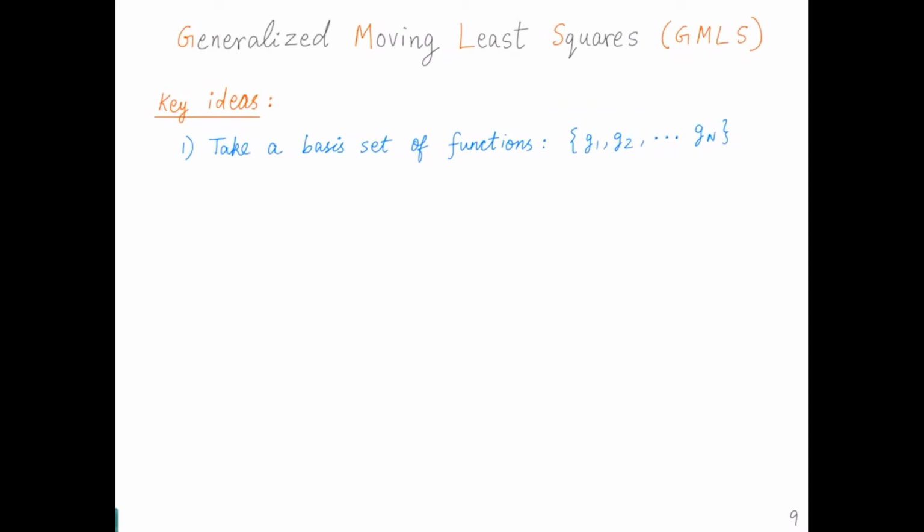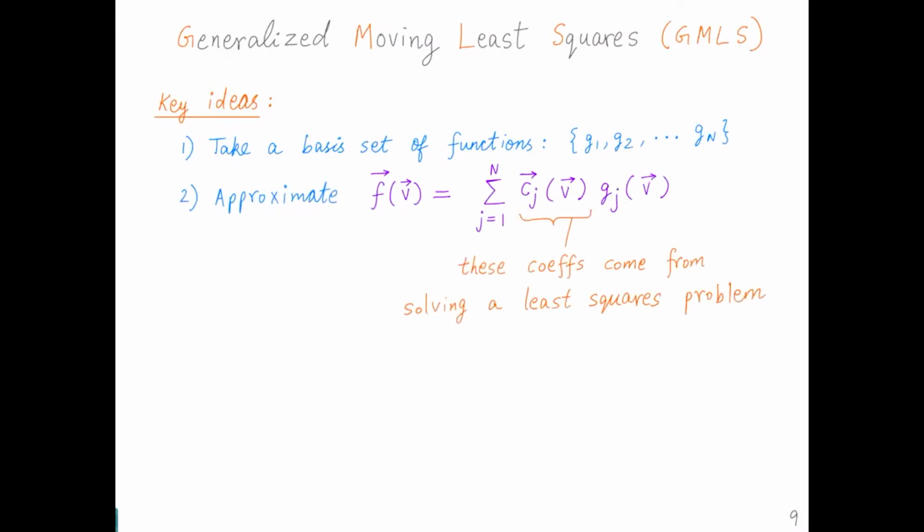There's this technique called generalized moving least squares, or GMLS. The key idea here is you have a set of basis functions, which I'm calling G1 to Gn here. We try to approximate the f that we want as a linear combination of these basis functions. Essentially, given a particular vector v, we want to find the currents, which is f of v.